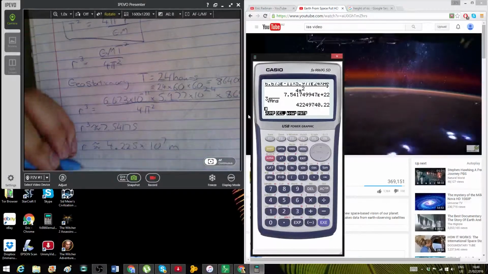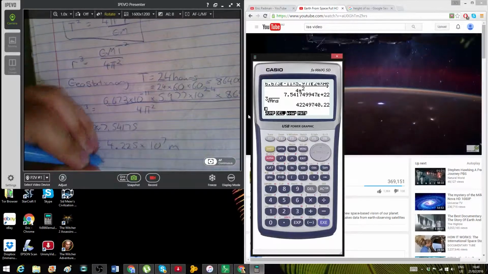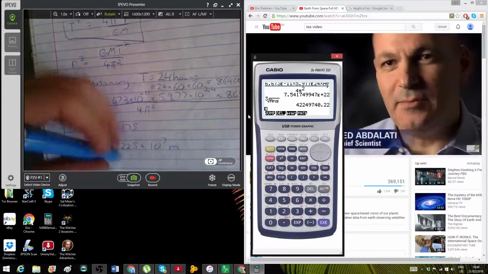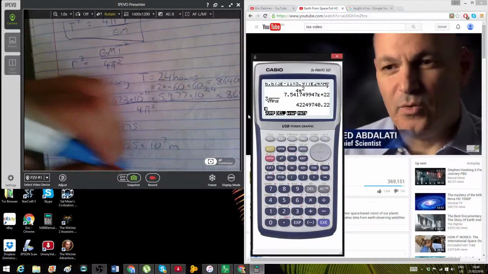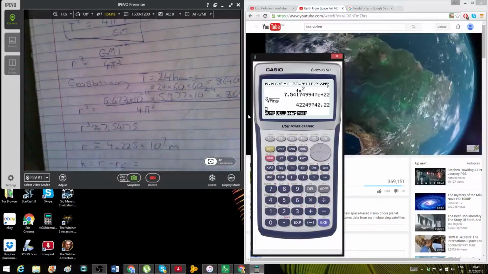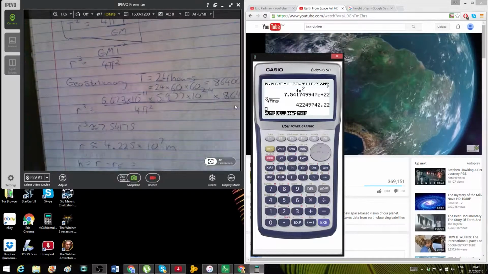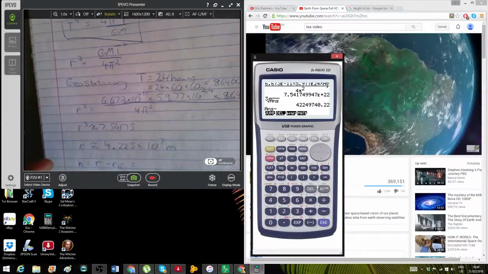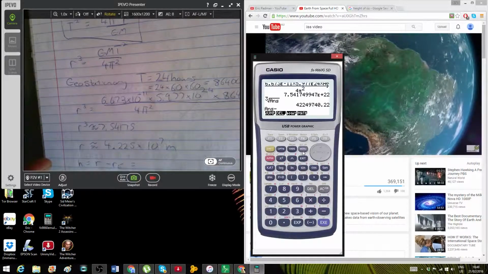Okay, let's work out the height. The altitude is the radius minus the radius of the Earth, because we're talking about the height above the surface of the Earth. So subtract that: 6.371 E6. We've kind of done this backwards already, but just one more time.